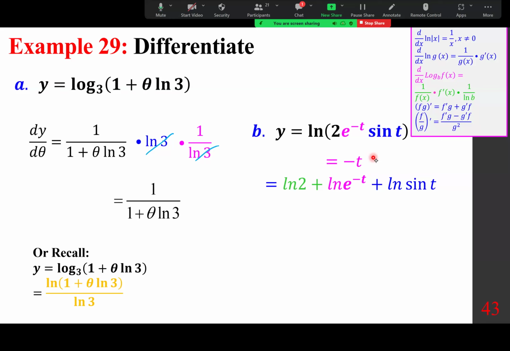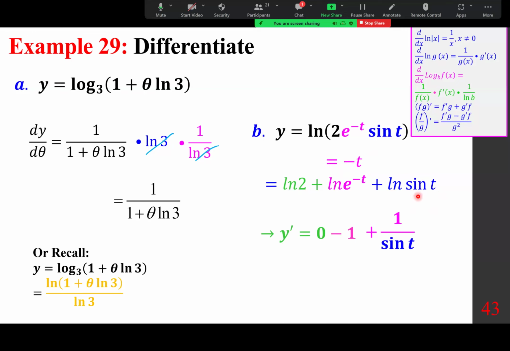Now let's work on it one by one. So we want to differentiate. Now we are going to differentiate this one. ln 2 is a number, the answer is 0. This part is negative t, the answer is negative 1. This part is ln of sine t, flip this over, 1 over sine t.